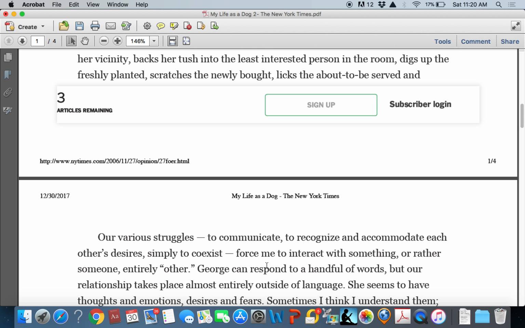Huh. And occasionally relieves herself on the wrong side of the front door. Her head is resting on my foot as I type this. I love her.